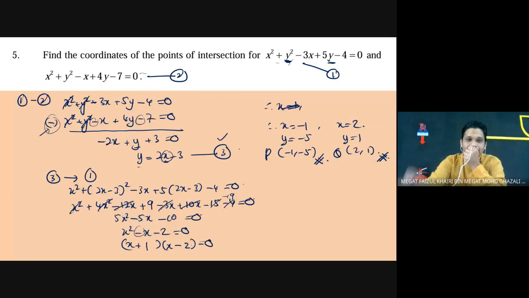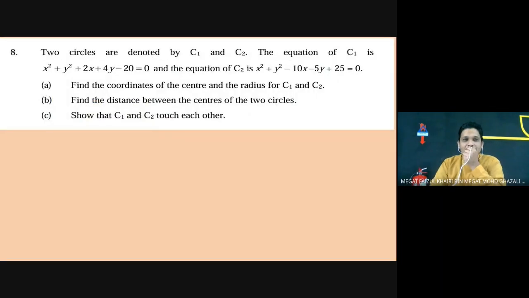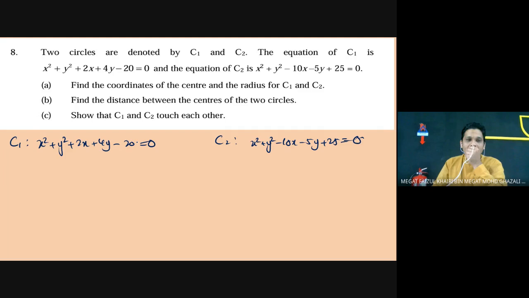Okay, so now two circles denoted by C1 and C2, equation of x squared plus y squared plus 2x plus 4y minus 20 equal to 0, C1, and also C2, x squared plus y squared minus 10x minus 5y plus 25 equal to 0. Okay, class.